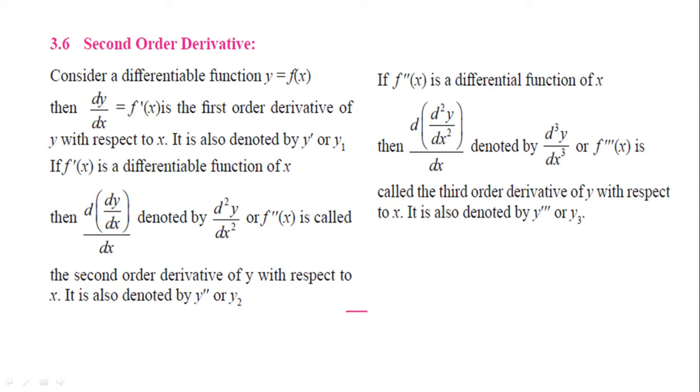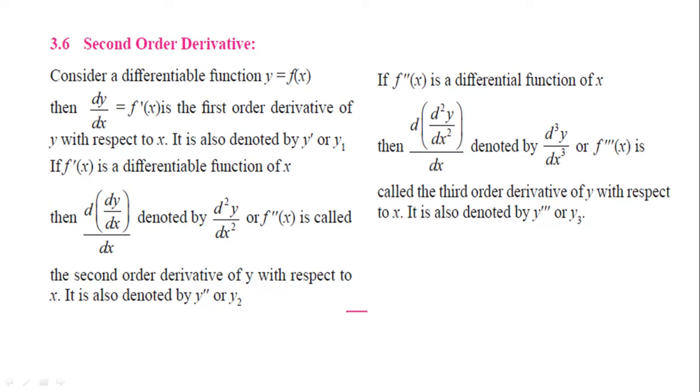So again if you take the derivative of that dy by dx with respect to x, then it is denoted by d square y upon dx square, or it is also written as f double dash of x, and it is called the second order derivative of y with respect to x, and it is also denoted by y double dash or y2.